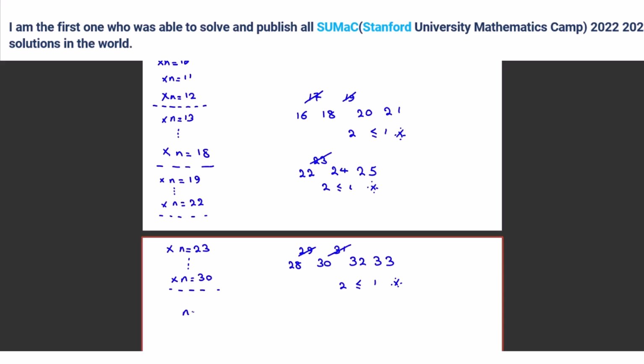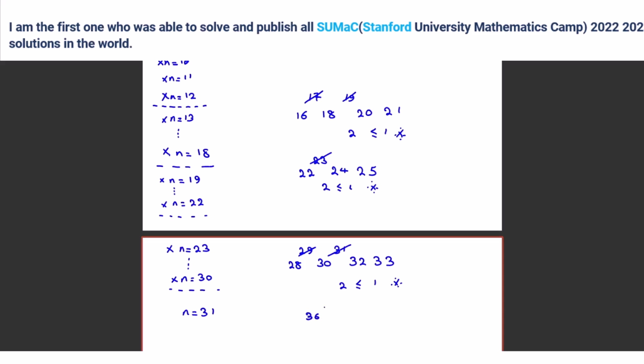So, for example, for n equals 31, what's the first place where we can reach a contradiction? Till 31. Which number? 36, 38, 39.